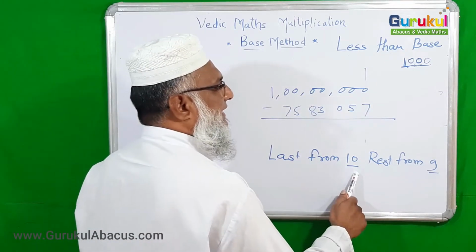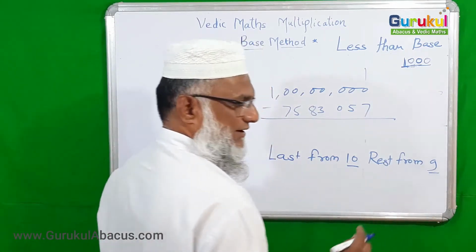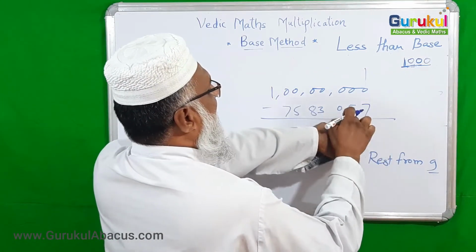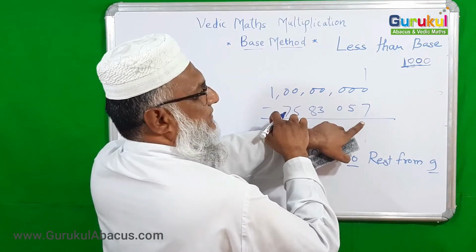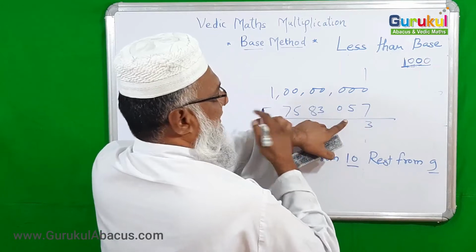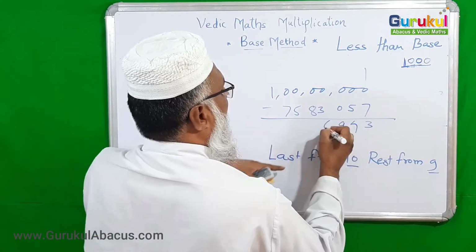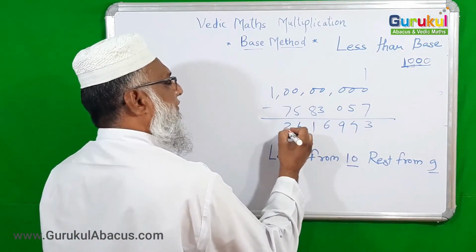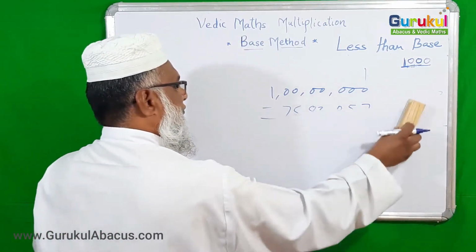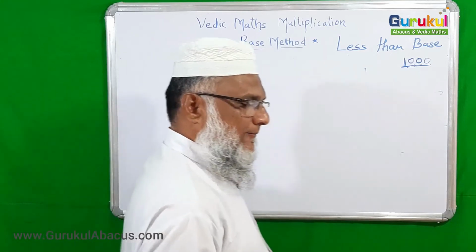Last from 10, rest from 9. Okay, according to that rule, the last digit we are going to subtract from 10, and the rest of all digits we subtract from 9 to write the answer. Then here 3, rest of all from 9: 4, 9, 6, 1, 4, 2. This is our answer.